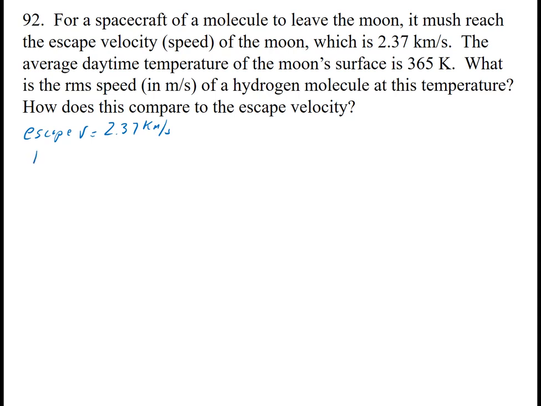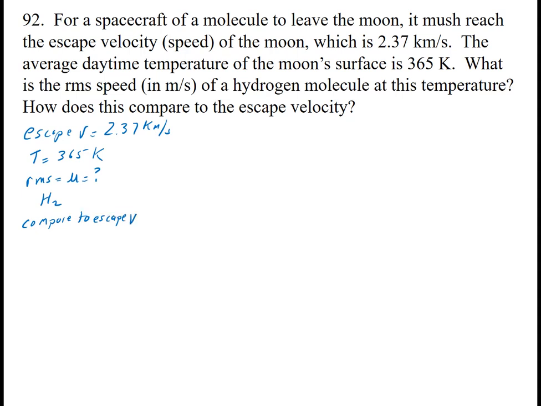It tells me that the average daytime temperature is 365 K. What is the RMS, which we abbreviate using mu, of a hydrogen molecule at this temperature, and how does it compare to escape velocity?